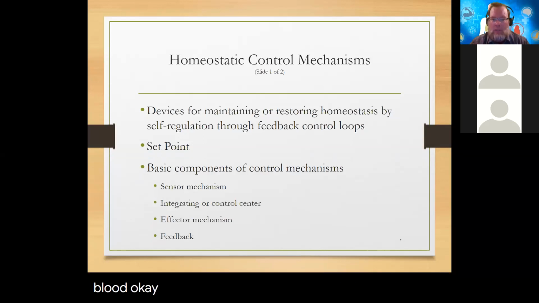If the stimulus is we don't have enough blood sugar, the response by the brain is going to be, let's get some stored glucose going, let's get some hunger centers going, let's get some sugar, glucose, back into the bloodstream. So stimulus, response. That response almost always opposes a stimulus.